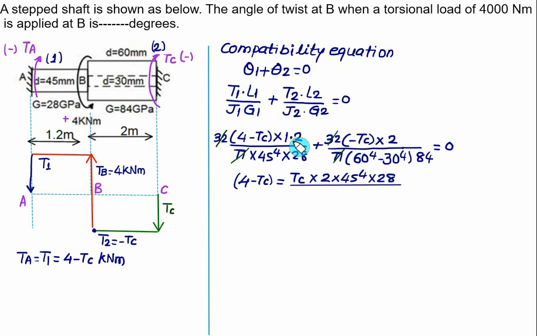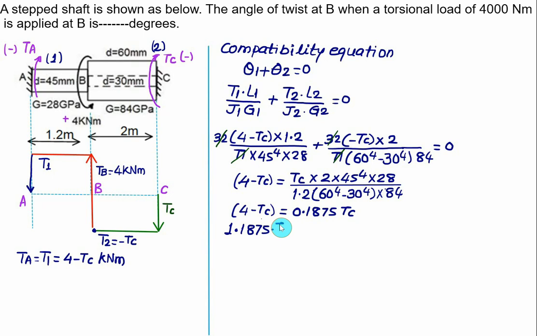This value of 1.2 we write in denominator, and this value will continue, 60 to the power 4 minus 30 to the power 4 multiplied by 84. So solve this constant first. So we get here 4 minus Tc equal to this whole constant, which is 0.1875 times Tc.